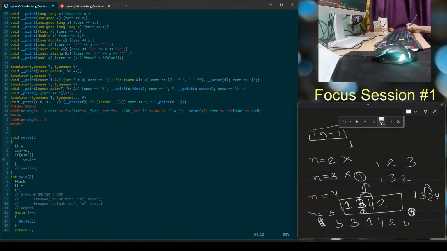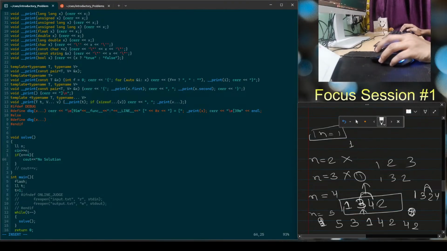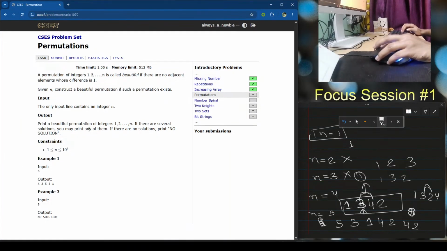If I start from 4, 4 2 3 1. Okay, so for n equal to 4 also, the solution doesn't exist. So if n is less than or equal to 4, it will be no solution. Am I typing it correctly or not? Okay, it should be all caps.